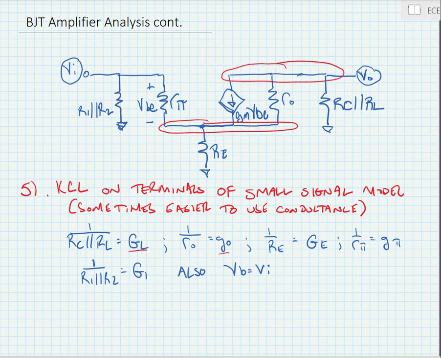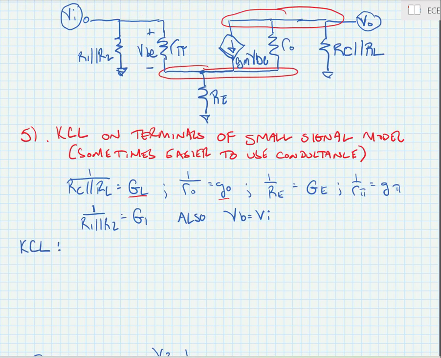And now we can go to the emitter node, and we can say that VE times G sub E minus Gm times VBE plus VE minus VB times G pi is equal to 0.